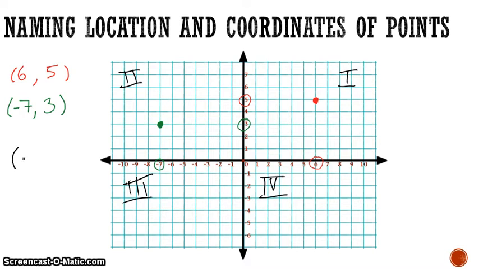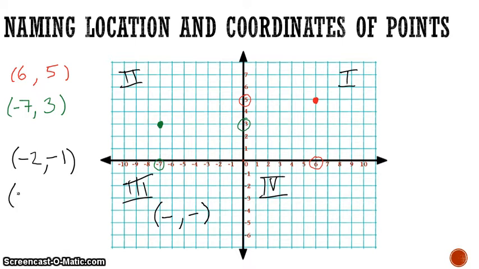So if I gave you a point that's -2, -1, without even plotting it, would you be able to tell me which quadrant it's in? Now, if they're both negatives, they're going to be in the third quadrant, because third quadrant is negative, negative, because all of these numbers are negative, so everything here is a negative, negative.